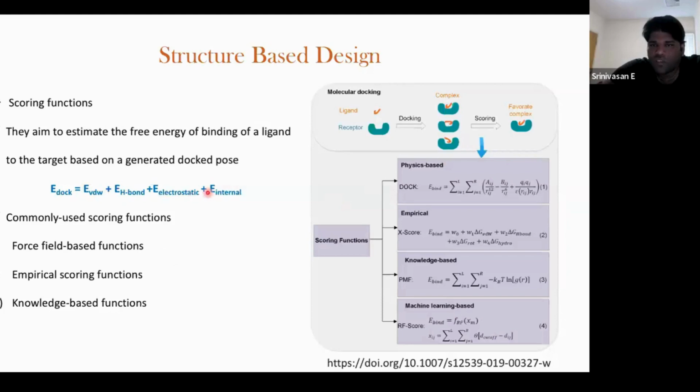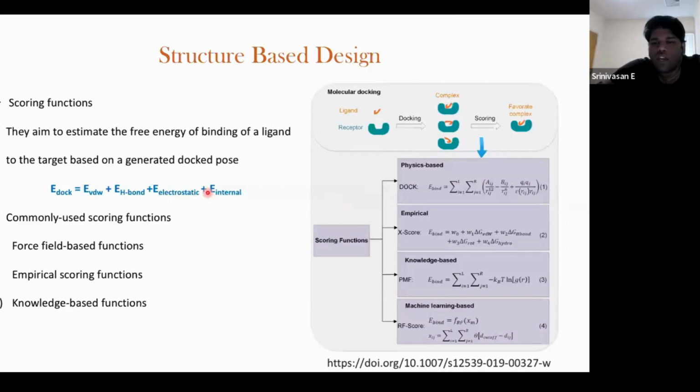The physics-based ones use Coulomb's and van der Waals interactions to find the binding free energy between them. The knowledge-based potential uses potential of mean force, where the negative logarithm of a particular value is used to find the energy difference and then calculate the free energy values. That's a knowledge-based potential.